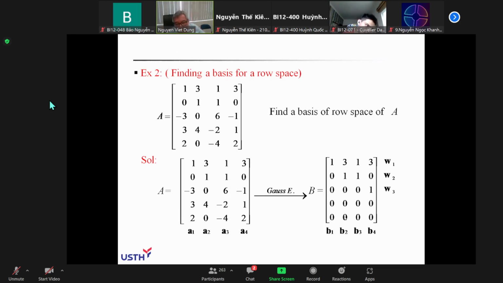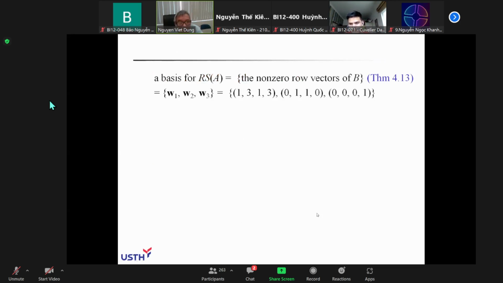Anyway, now if we consider the rows, B has three non-zero rows, W1, W2, and W3. Because of that, the basis of the row space of A will be the non-zero row vectors of B, meaning those vectors are a basis for the row space of A. It is here.